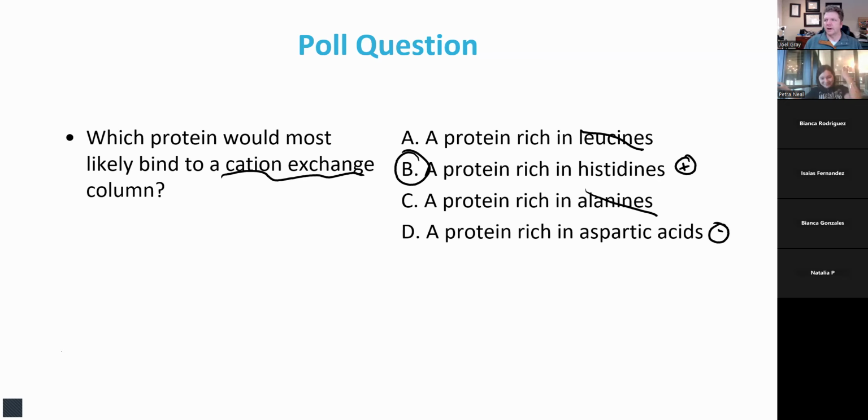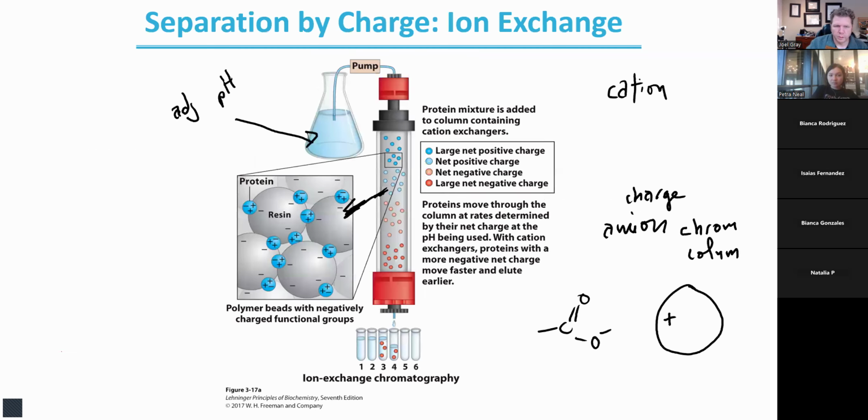Okay. A cation column is going to be very effective for catching cations. One way that you could think about it is this cation column is packed with lots of beads right here, these gray beads. So the question is, what's the charge of those beads?